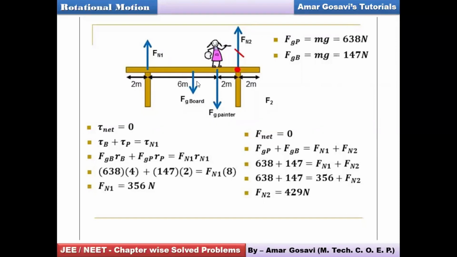Because you can see this force is making this red point rotate in an anti-clockwise sense. As per our conventions, for forces which rotate the point in an anti-clockwise manner, we consider the torques produced by them as positive. Therefore, you can see 638 into 4 is positive.